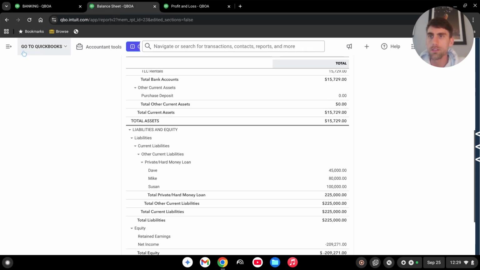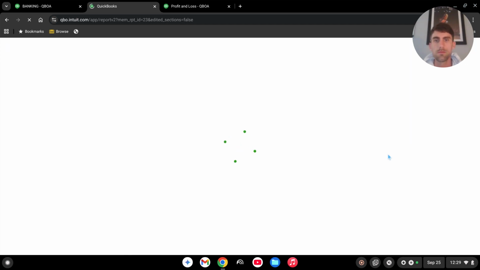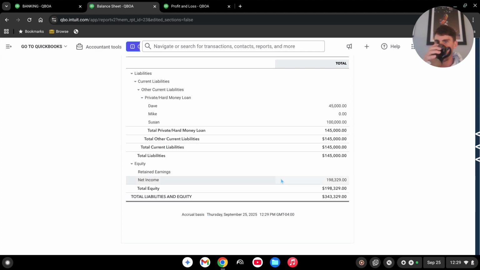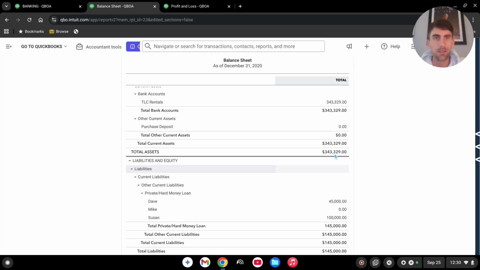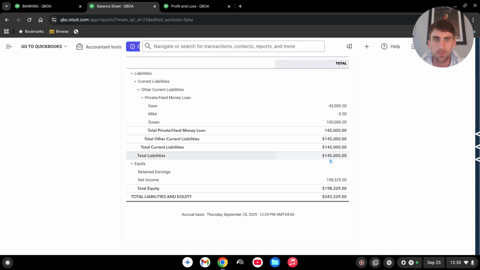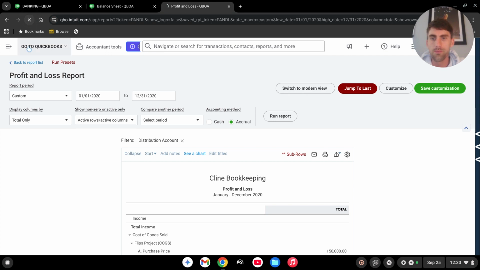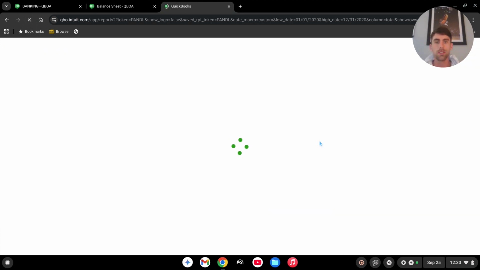Let's take a look on our balance sheet. And now you can see that Mike is down to 0, so he got paid. He comes off that liability. So that's what we want to see. And then when we come into the net income, we should see that interest expense as well.